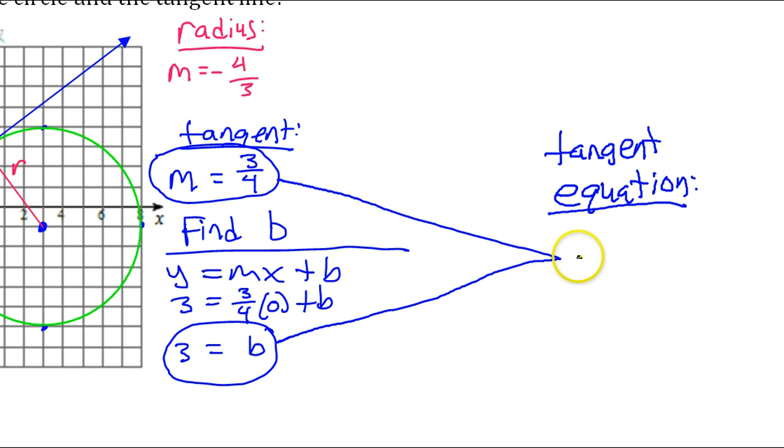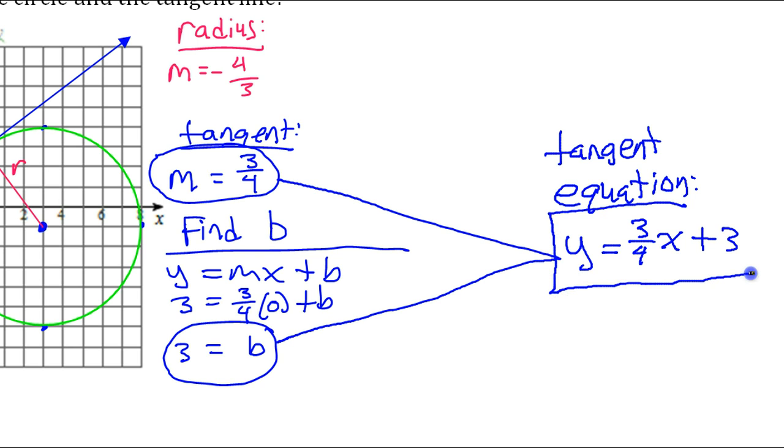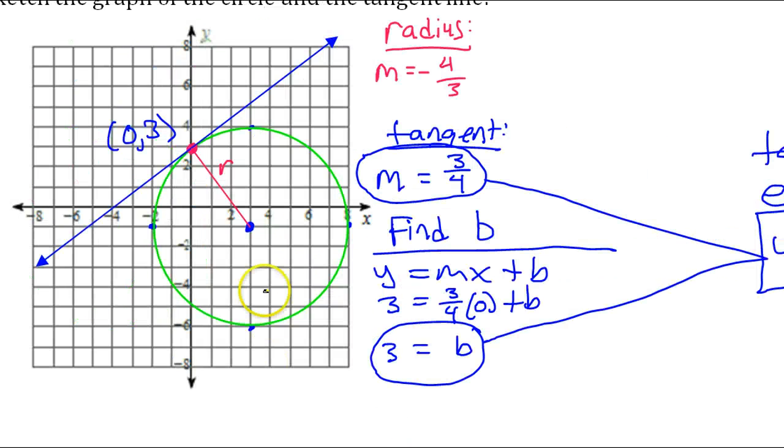Alright, now thinking of y equals mx plus b, this will be y equals 3/4, because that's the slope, x, and then plus 3, because that's the b. Okay, and that is how you find the tangent equation when the circle is not at the center. Okay?